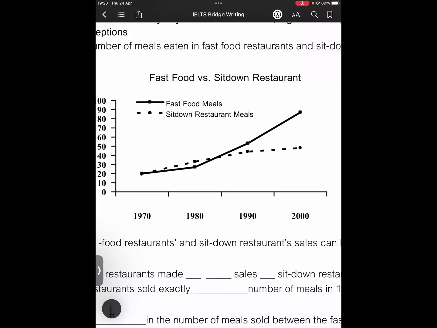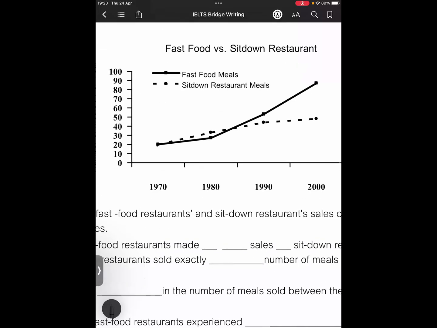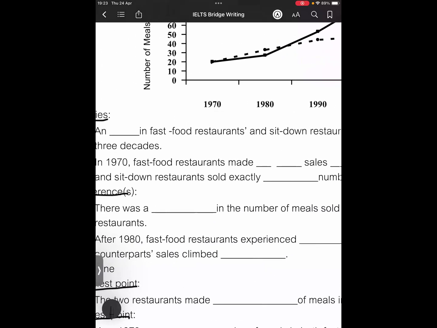But after 1980, the slope became much greater than before, which indicates that fast food restaurant sales were growing very rapidly between 1980 and 2000. So those are the two big differences.